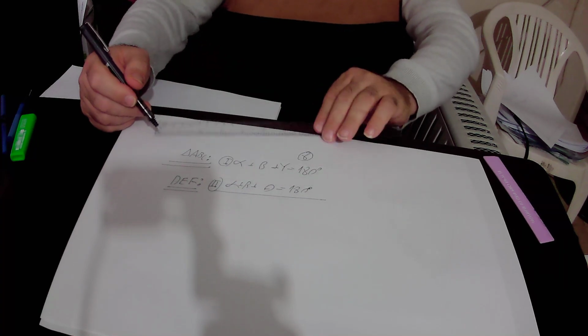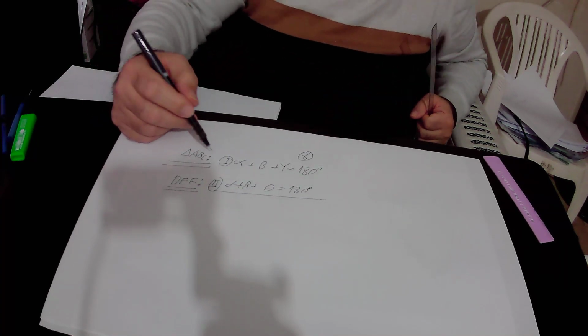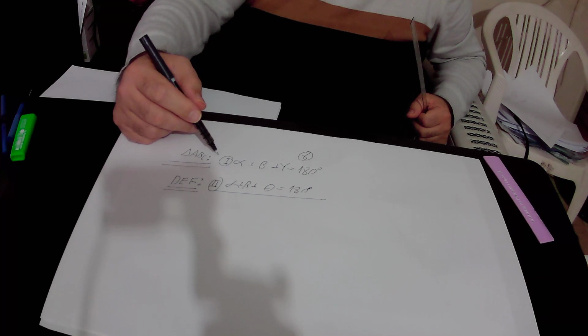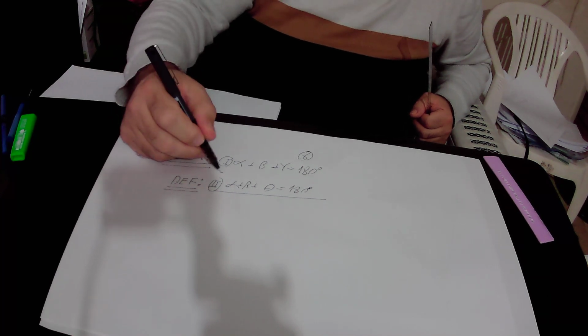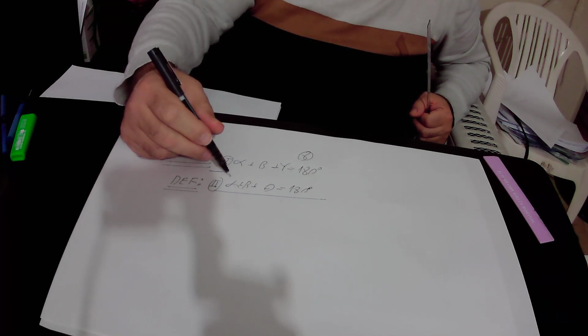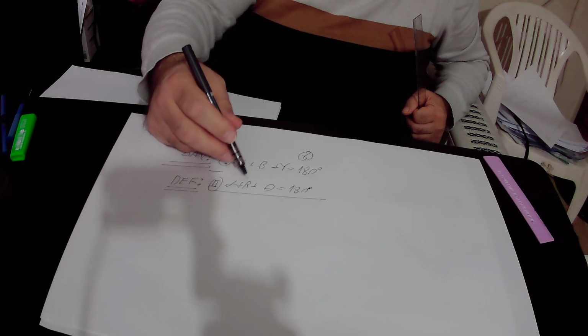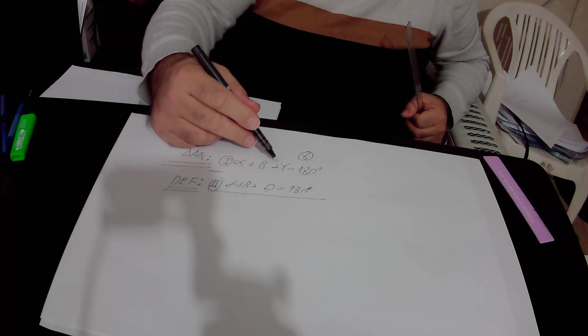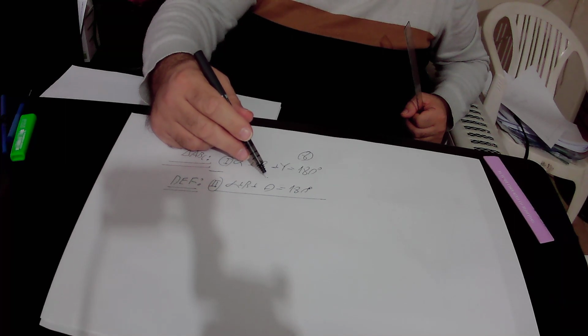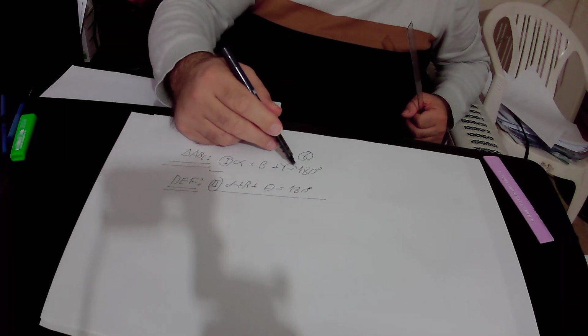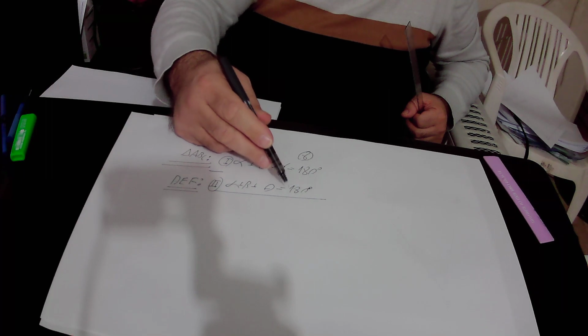So here we will subtract equation number 1 from equation number 2, and we will get that alpha minus alpha equals 0, beta minus beta equals 0, and gamma minus theta equals 180 degrees minus 180 degrees, which is 0.